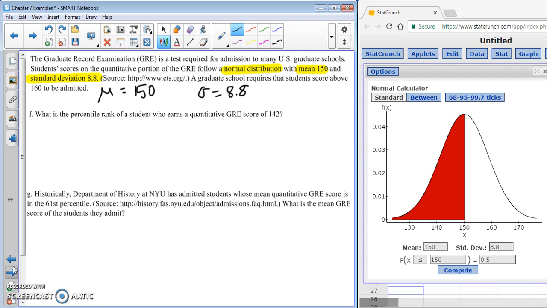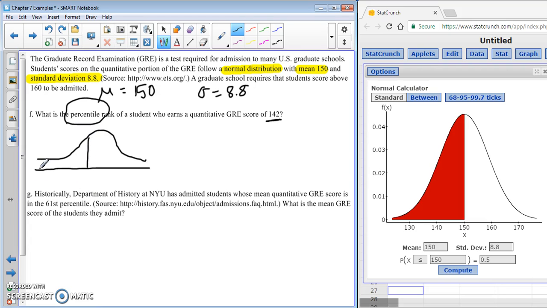So these are a little bit different here. We're starting to talk about percentile, so kind of going back and looking at our earlier chapters. So the percentile rank of a student who earns a score of 142. If we're at a certain percentile, we're at that score or below. So let's draw in a picture. If we're at 142, 142 is about 1 standard deviation below.